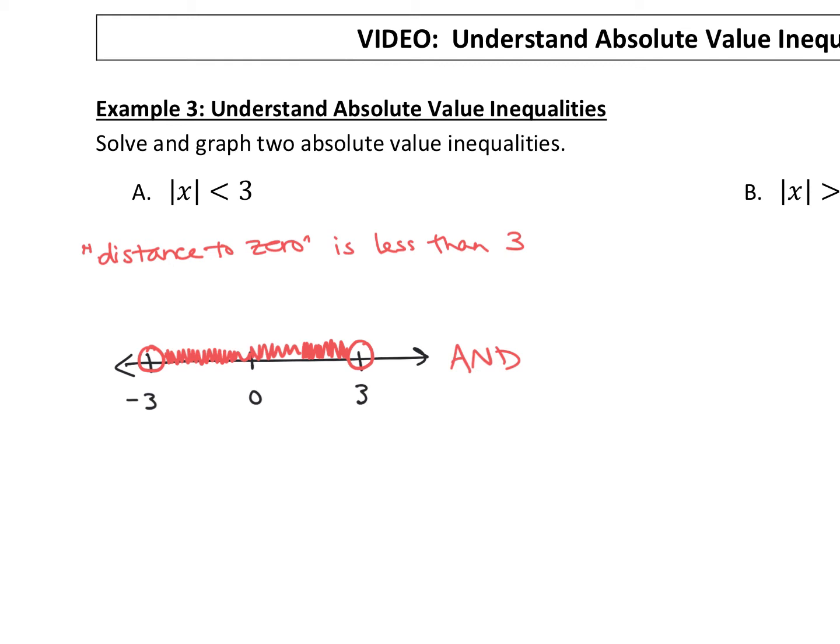So how do we write the inequality for this? We actually can start from this up here. If you take the bars off, we can say that x is less than 3. That's right here. And x is greater than negative 3.